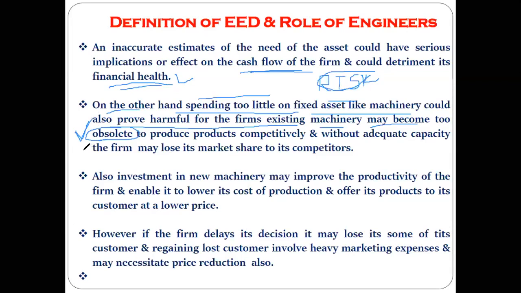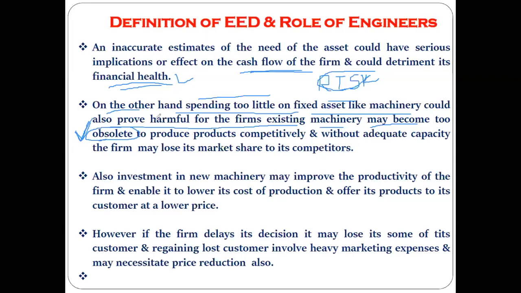but the technology which is available in the new machine is more advantageous than your existing machine. Means what? Your existing machine has become obsolete in the sense it has become outdated. You are getting my point. Meaning of obsolete means what? Outdated. And as it has become outdated, it is not giving you that much performance as compared with the new machine.